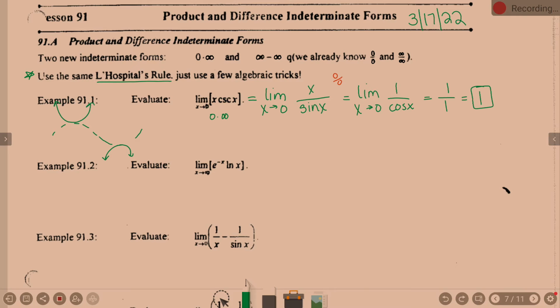And so, with that in mind, the limit as x approaches infinity, we're going to keep ln x on top, and e to the negative x moves to the denominator as e to the positive x. In all honesty, I don't even think I would try and find this limit before doing that, because my brain's going to process a fraction a lot easier than e to the negative x.